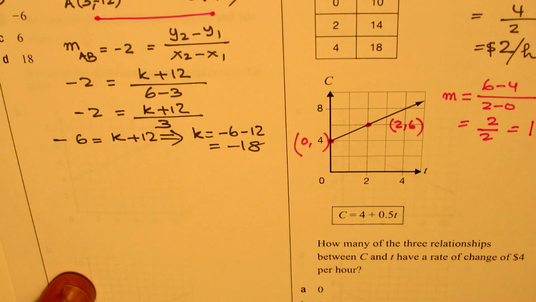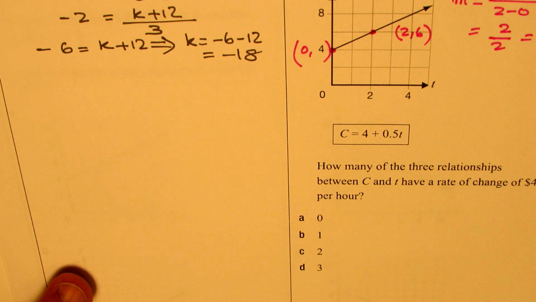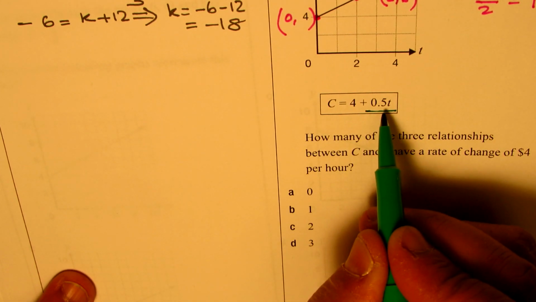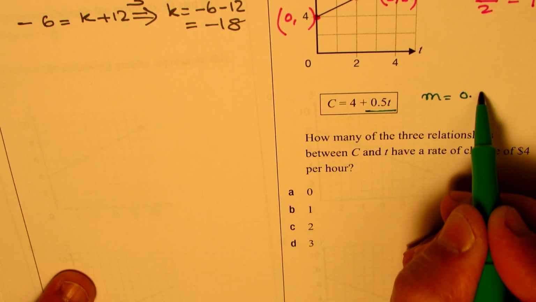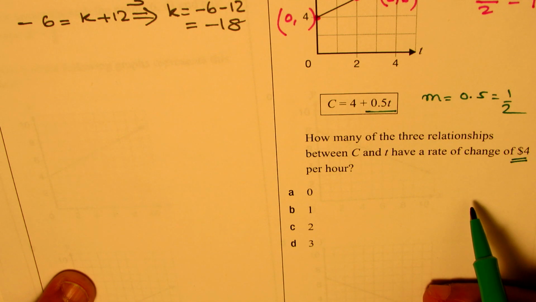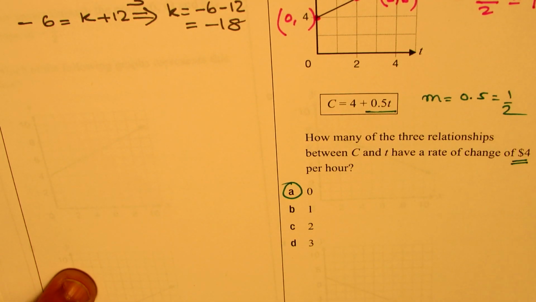This is also not 4. Perfect. Now the last is the equation itself, which is C equals 4 plus 0.5t. Here the slope is 0.5, or you can say half. It is also not $4, and therefore our option will be option A. That is, none of them has a slope of $4 per hour.